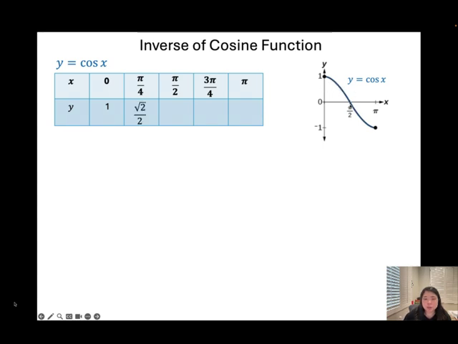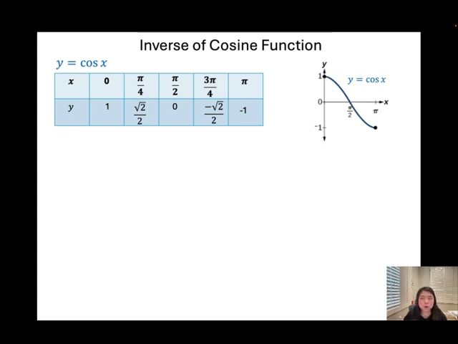When x equal to pi over 2, that would be equal to 0. And then 3 pi over 4, like here, that would be negative root 2 over 2. And when x equal to pi, you will have negative 1. We're only talking about y equal to cosine x.